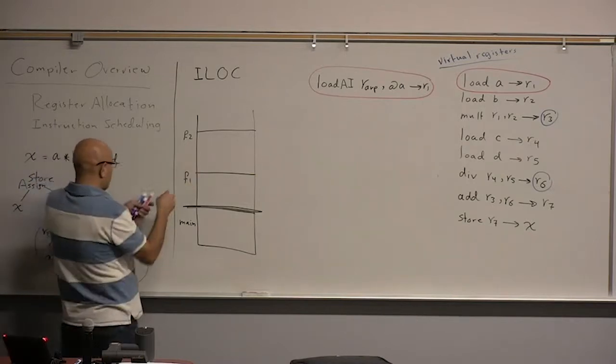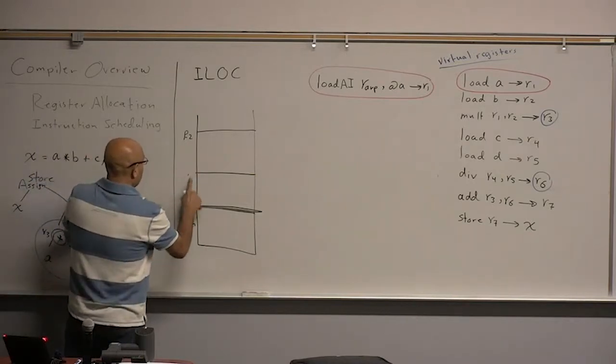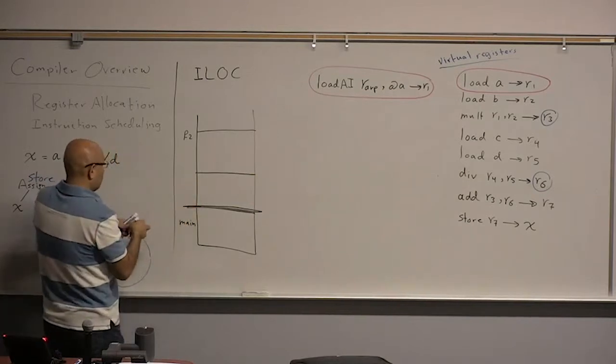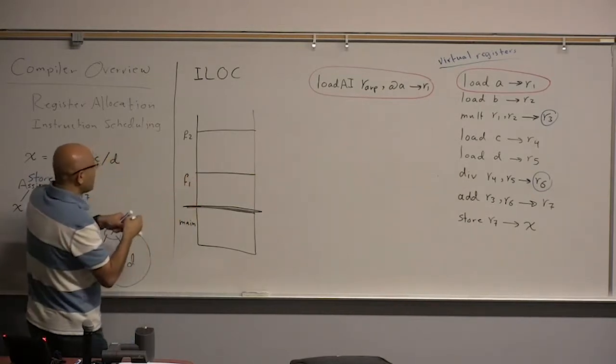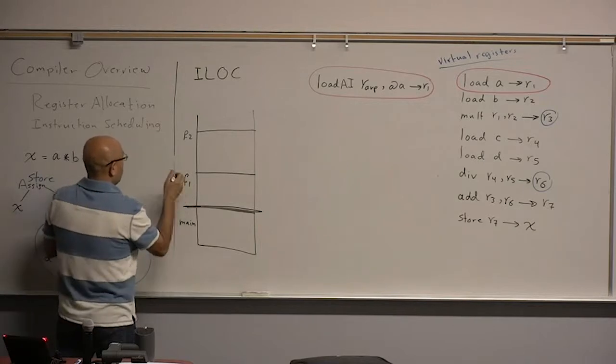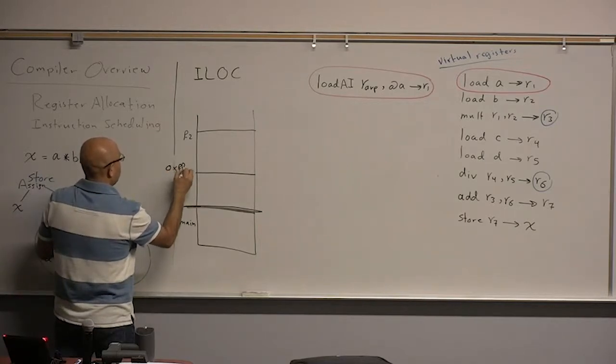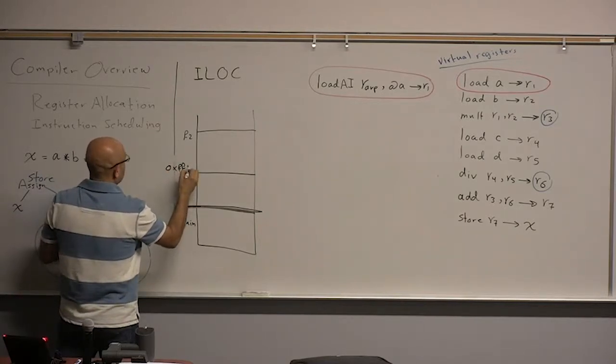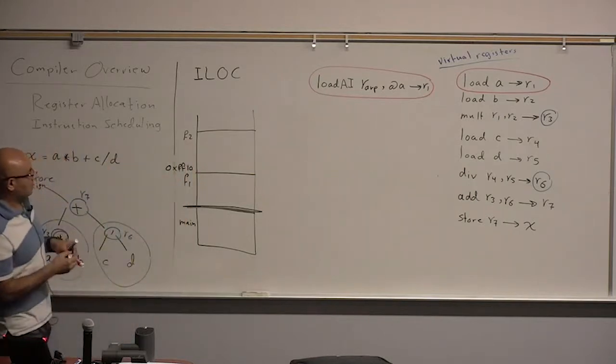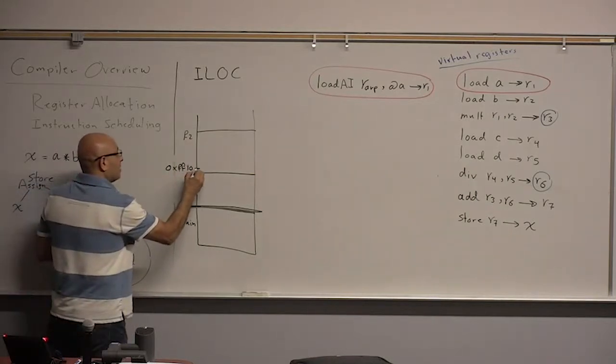So if we are in function 2, the address for function 2 could be, for example, 0xFF10. So this is the starting address of F2.